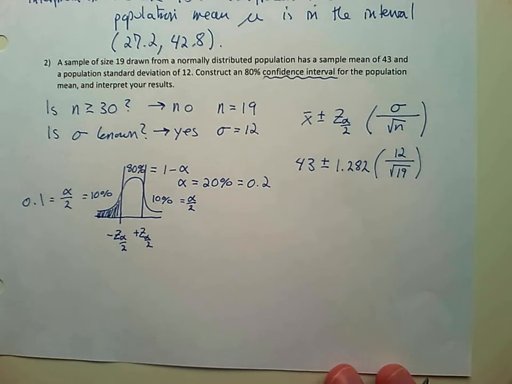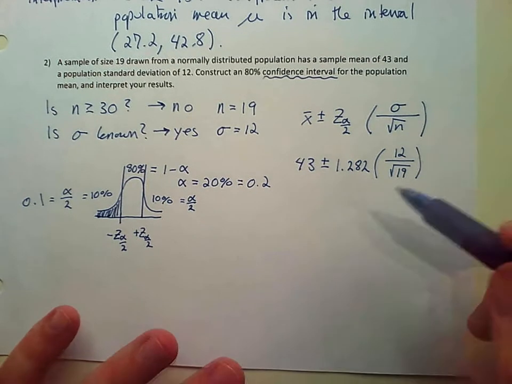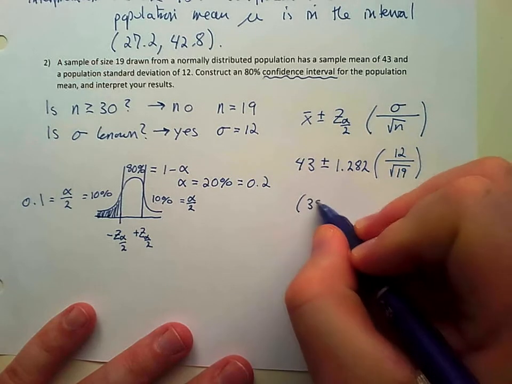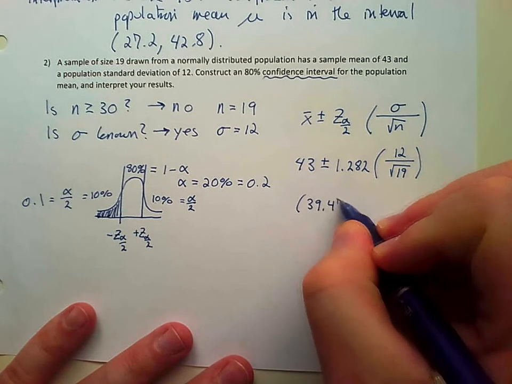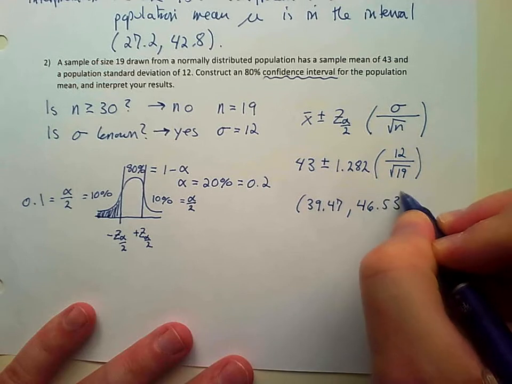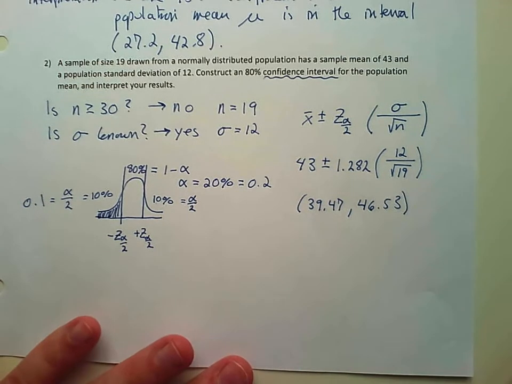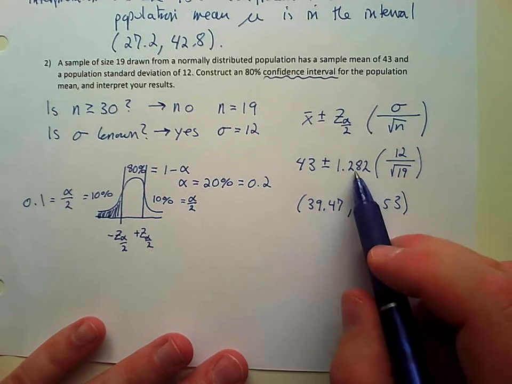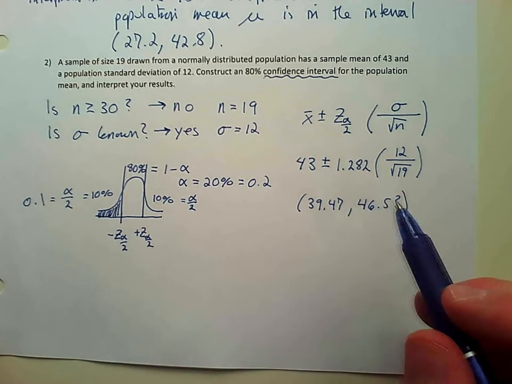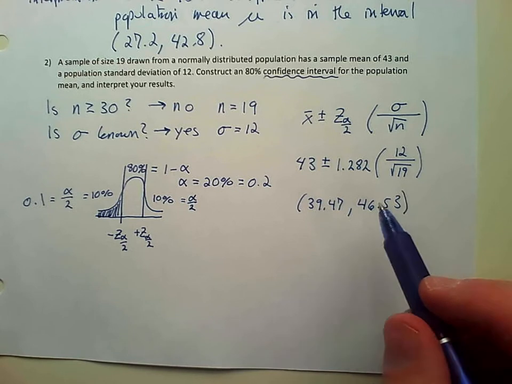If you use 1.282 and do this arithmetic, you're going to get that this comes out to 39.47 to 46.53. Now, if you just use 1.28 or 1.29, the numbers that you get are going to be slightly off.